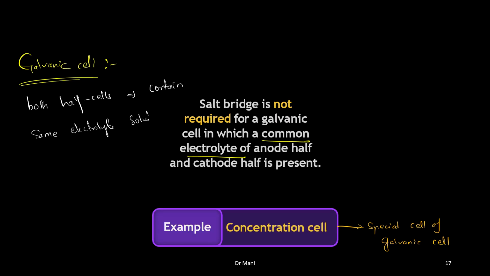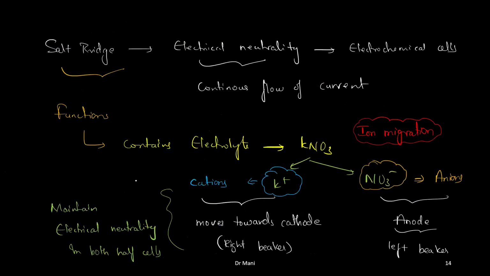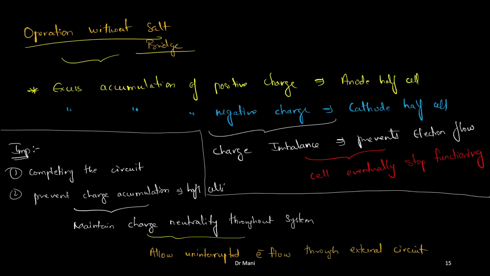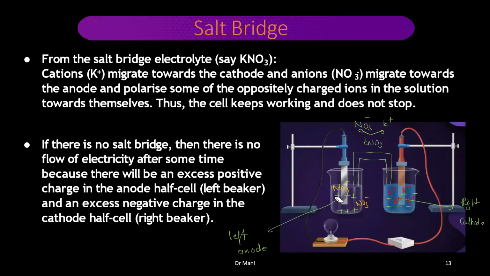So that is what it says, a common electrolyte of anode and cathode is present. That means both half cells contain the same electrolyte solution, so this electrolyte solution can itself maintain the ionic balance. You understood, right? As both are the same solutions, if excess positives are generated here, these negatives will go here.